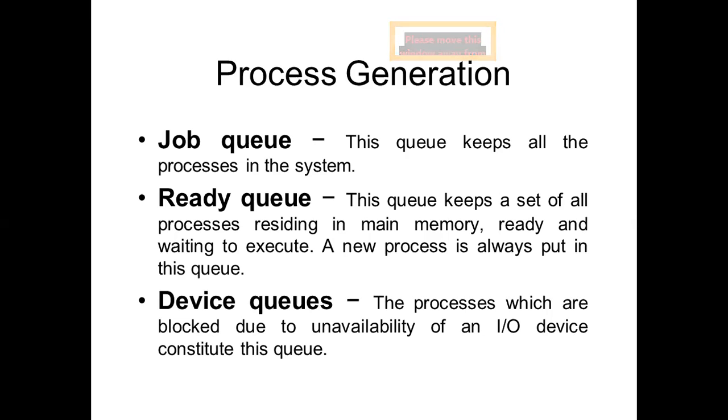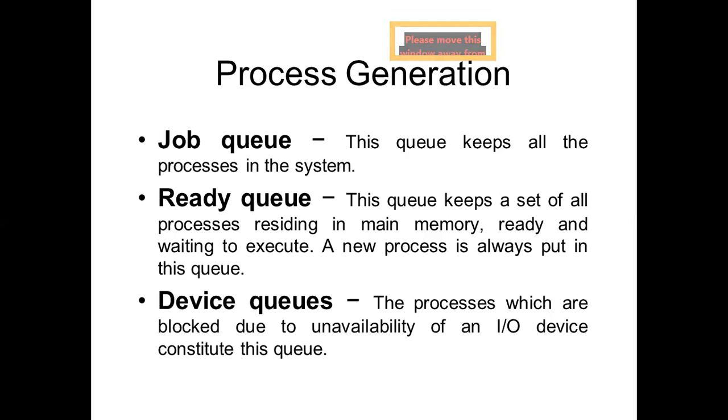Device queues hold the processes which are blocked due to unavailability of an IO device. Sometimes the IO device is not free, then the processes are blocked. So it will go to the blocked state because the IO device is unavailable, and as it becomes available, from the blocked state we will go to the ready state again.